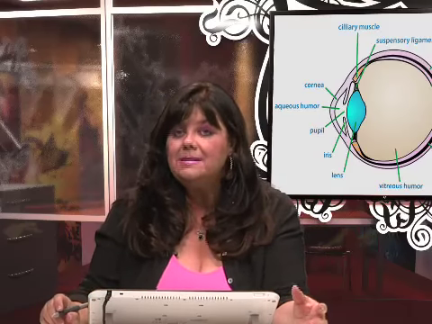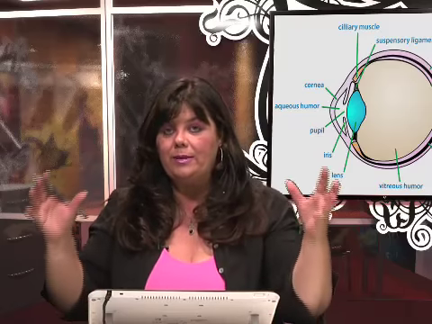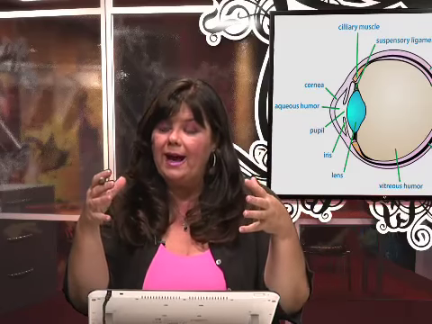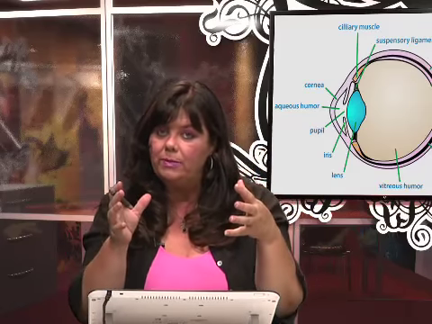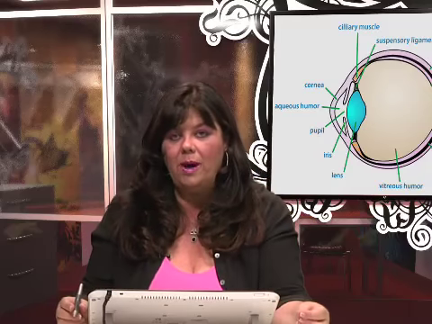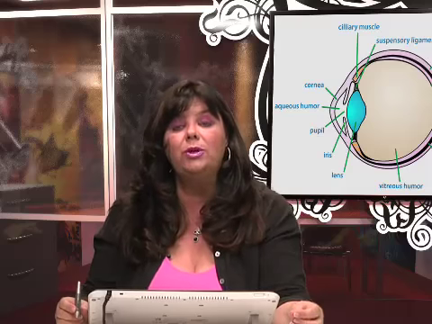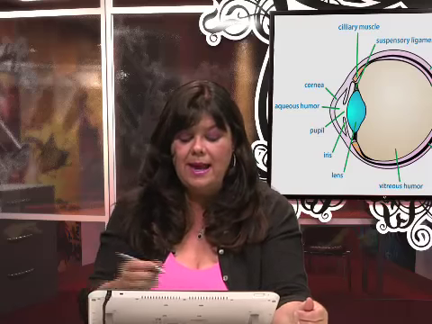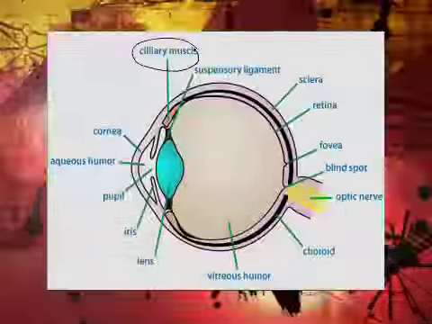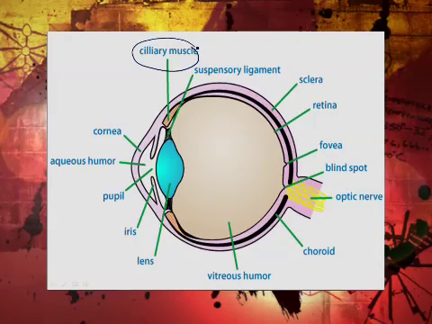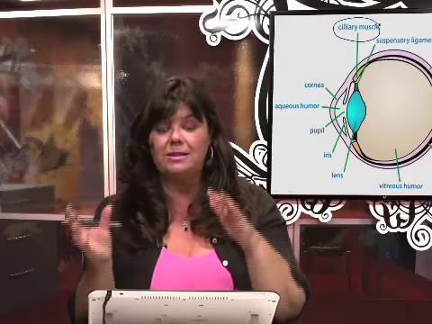The muscles that we showed earlier on attached to the eye are going to assist it with movement. But within your eye, you have some very important muscles that allow you to focus your eyes. And so these ciliary muscles that we talk about now inside the eye are not for movement of the eye around in the socket.